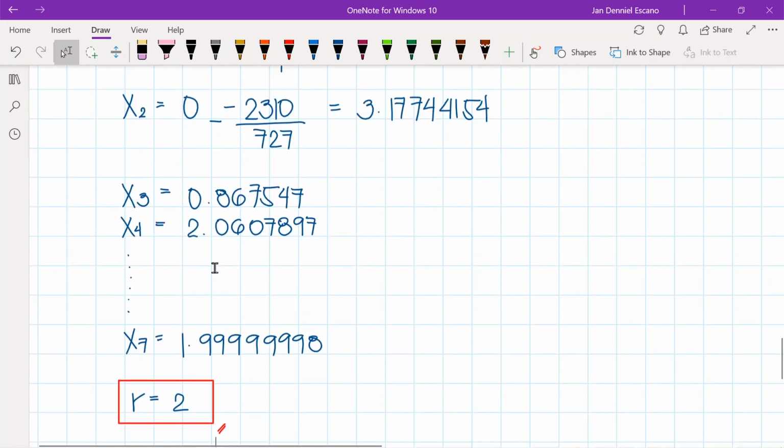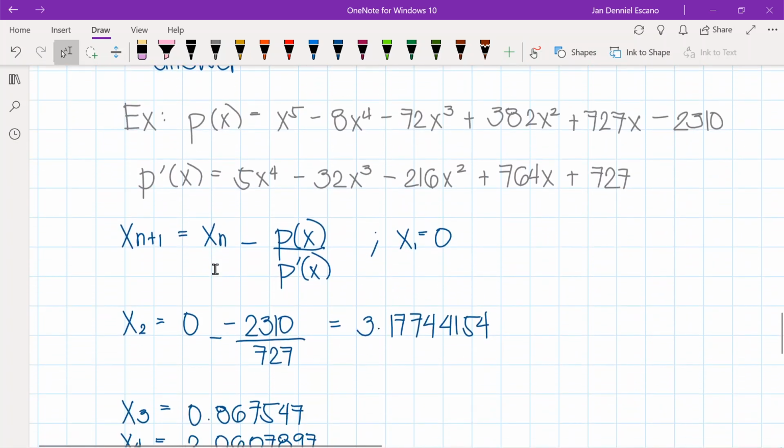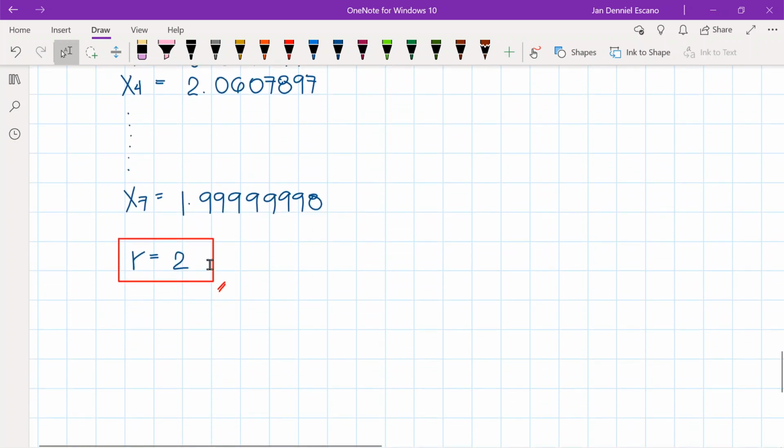Okay, so that is how Horner's method works in solving for the roots of polynomials.